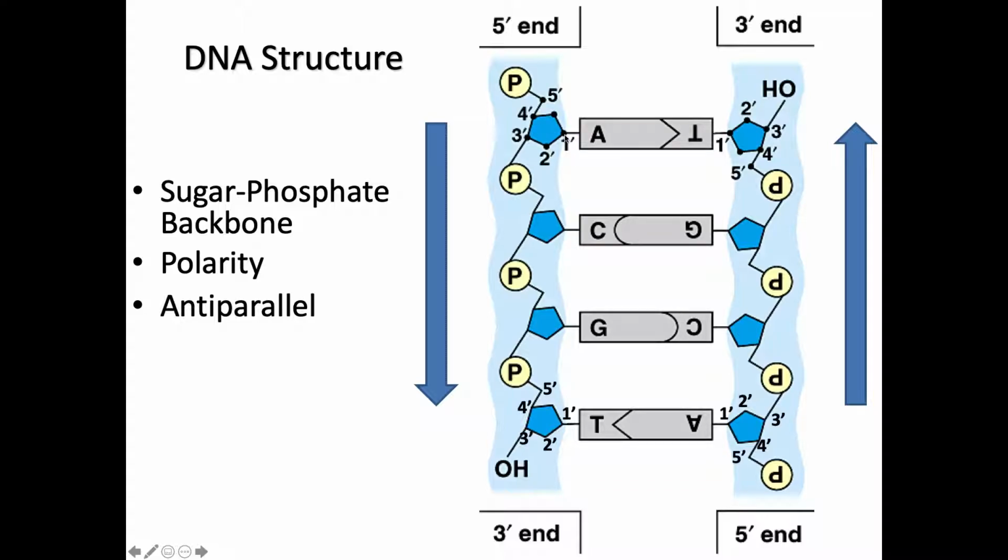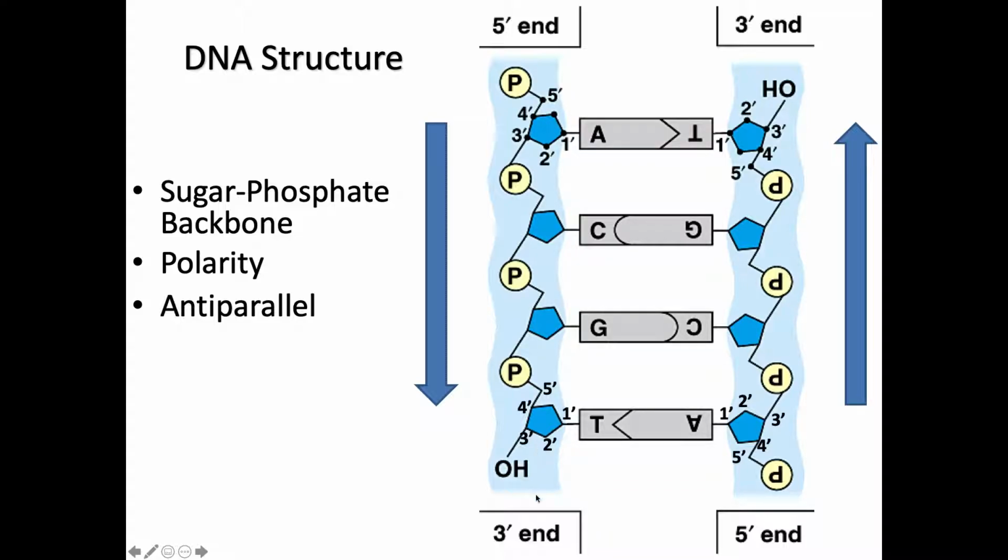So this is carbon 1, carbon 2, carbon 3, carbon 4, carbon 5. Okay, and then at the 5' end, the fifth carbon, there's a phosphate group attached to it. So when you hear 5' end, I want you to associate phosphate attached to that carbon.